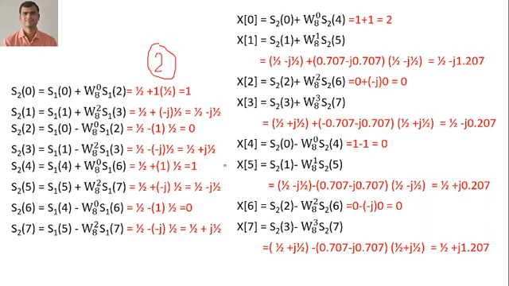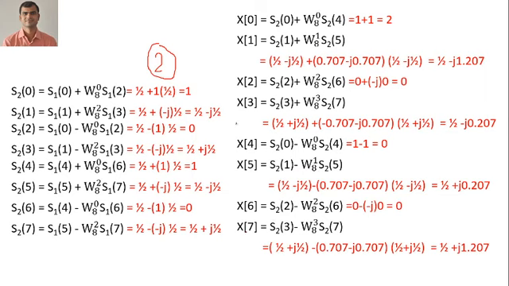So we will be getting the output of stage 3 here. We have got x of 0 as 2, x of 1 as 1 by 2 minus j 1.207, x of 2 is 0, and similarly x of 3, x of 4, x of 5, x of 6 and x of 7, just put the values and do the calculation.